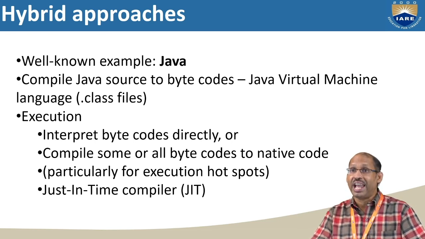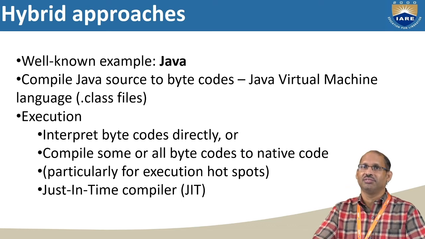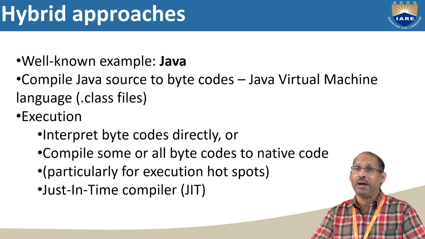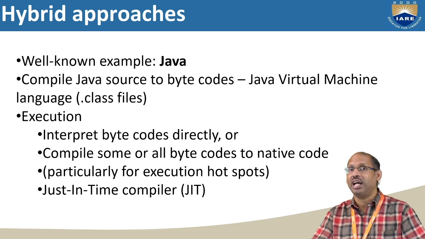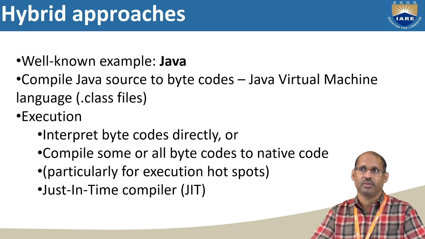Write once, execute anywhere. So here it uses the interpreter for the execution. It interprets bytecodes directly or compiles some or all bytecodes to native code, particularly for execution hotspots. Just-in-time compiler.